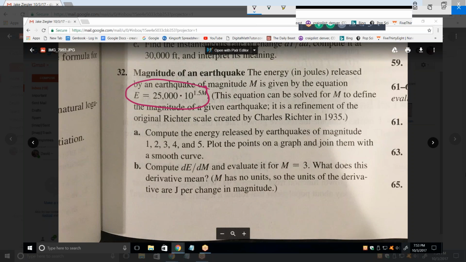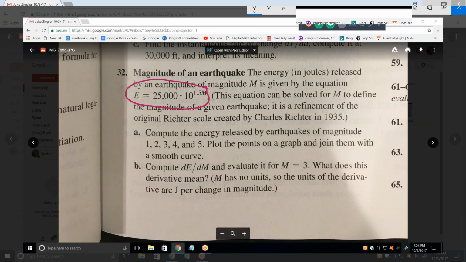It says this equation can be solved for m to define the magnitude of a given earthquake. Okay, as long as they give you E. I can't solve this function for m at the moment because I don't know what E is. If you knew the energy of the earthquake that was released, then you could solve for the magnitude, m. But they need to give you E, and they don't mention that in that parenthetical paragraph there, and they should.